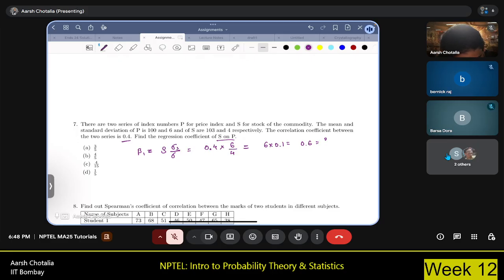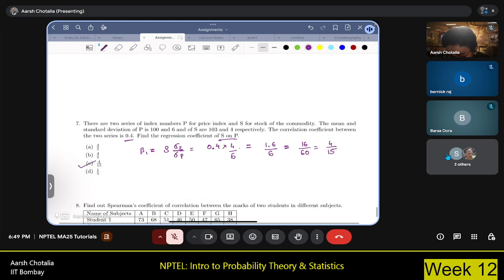This should be sigma S by sigma P. S on P means S on P, literally: S on the top, P on the bottom. So now sigma S is 4, and this is 6. So this becomes 1.6 divided by 6. And yes, 16 divided by 60, which is 4 divided by 15. So the correct answer is this one.